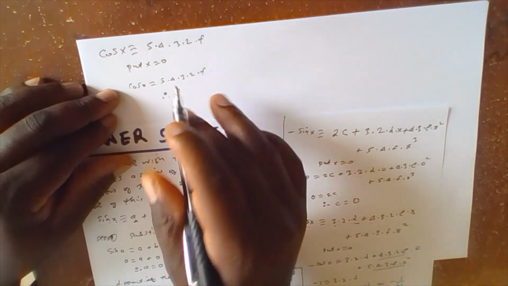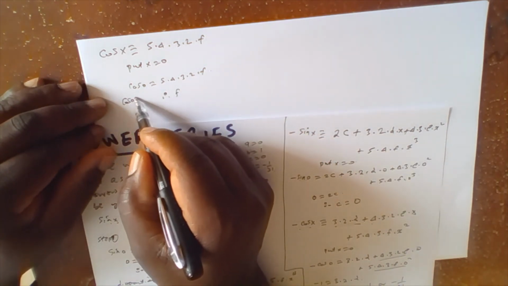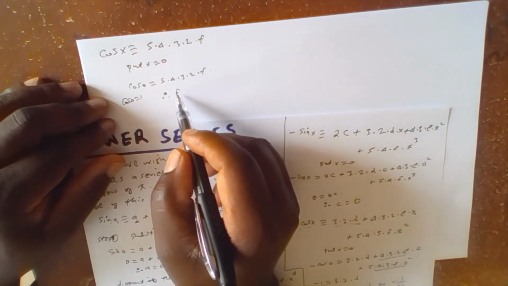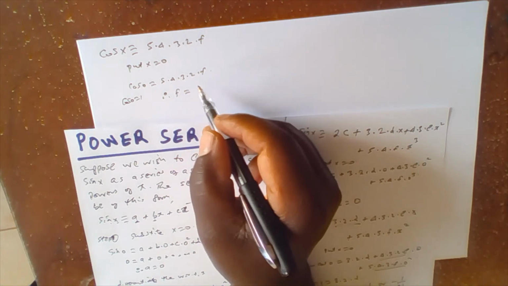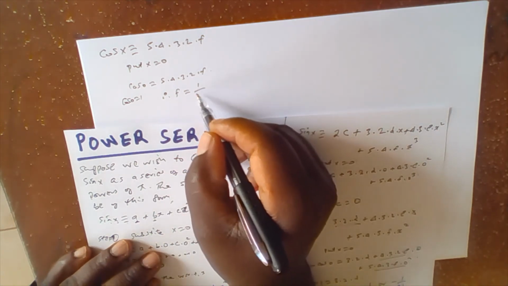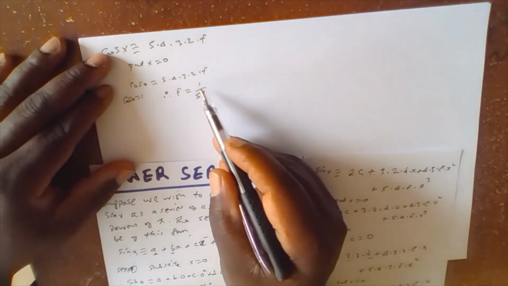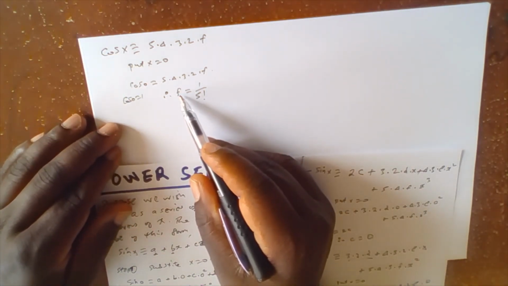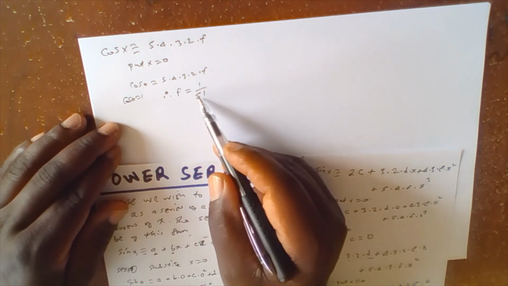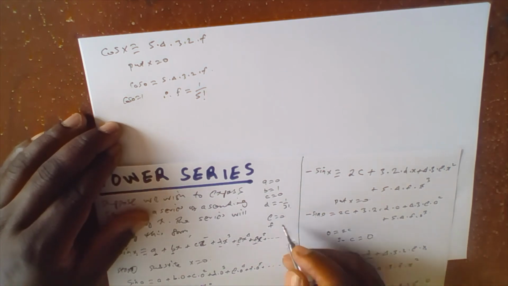But cos 0 equals to 1, therefore, we shall say that f equals to 1 all over 5 factorial.